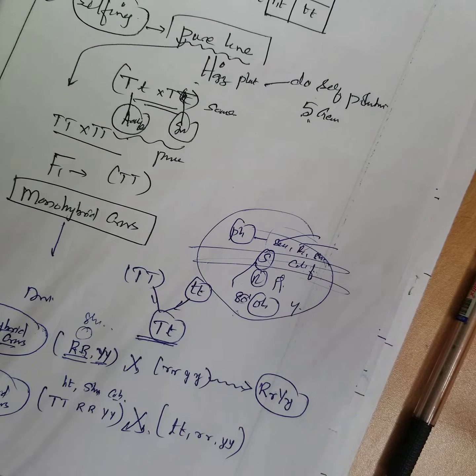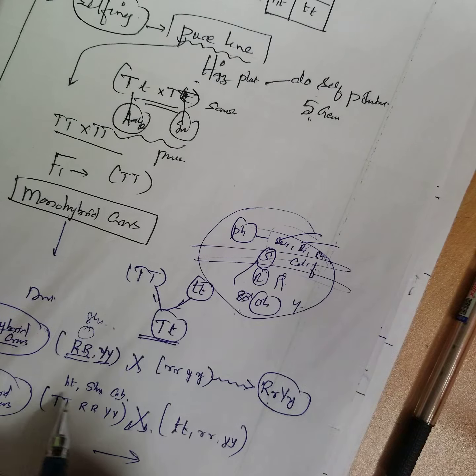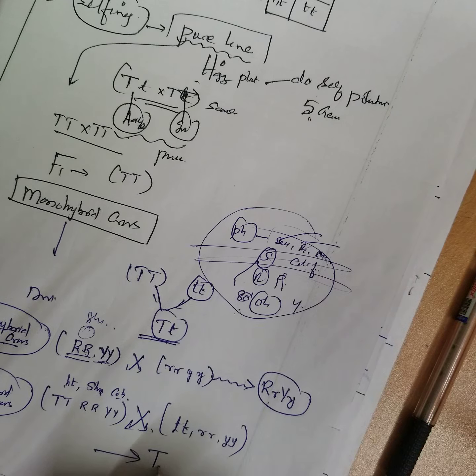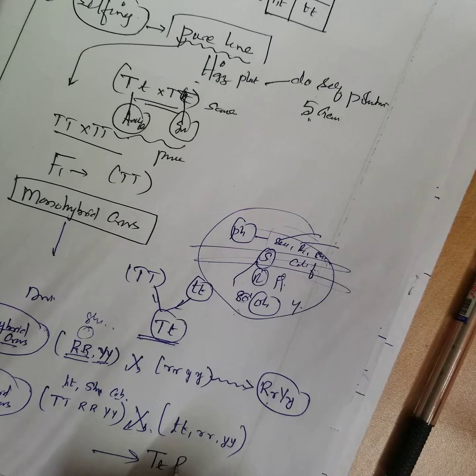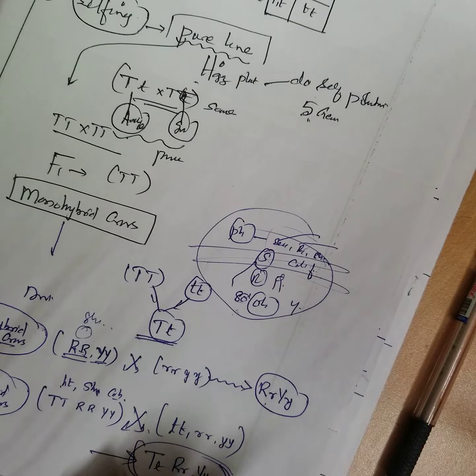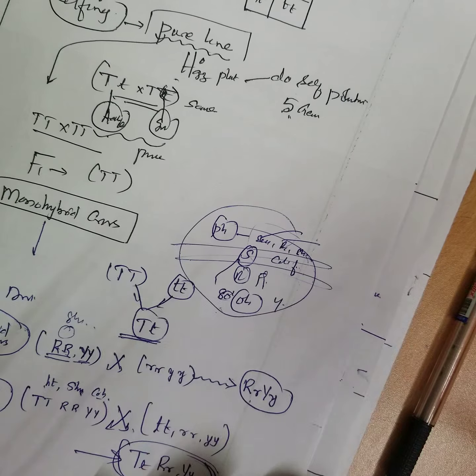That is the dihybrid character. Trihybrid character means height, shape, and color: tall, small t, R, small r, Y, small y. This is also called a trihybrid cross. With this, we'll start the lesson.